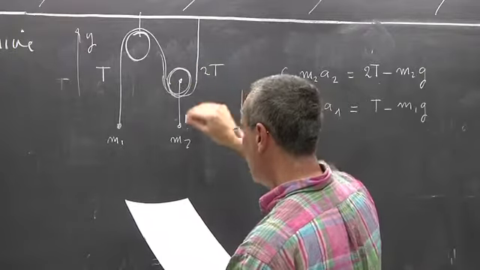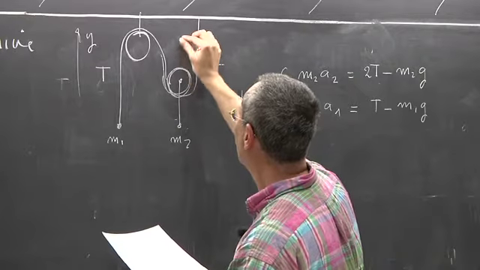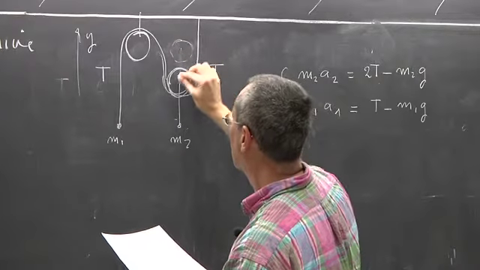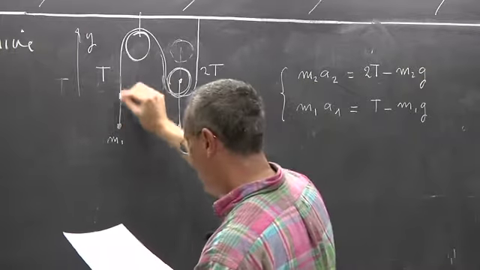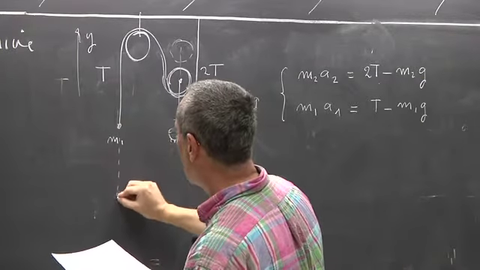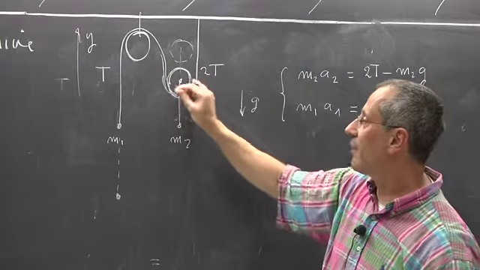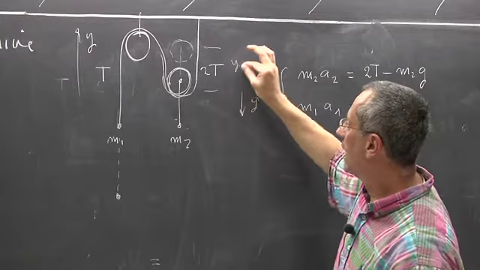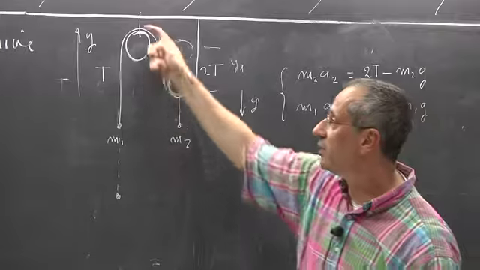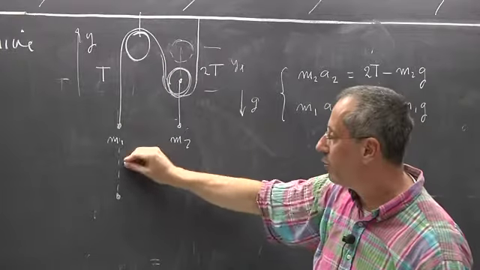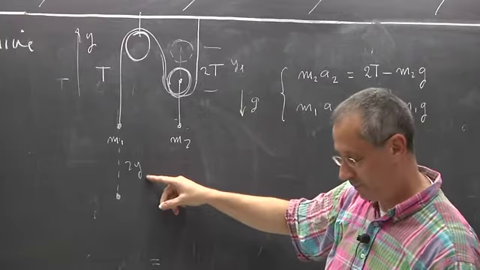If this moves up by an amount y1, this one at the same time moves down by an amount that is twice that one, because this goes up, say, by y1, but you have twice as much string here that goes down there. So this one moves down by twice that amount.